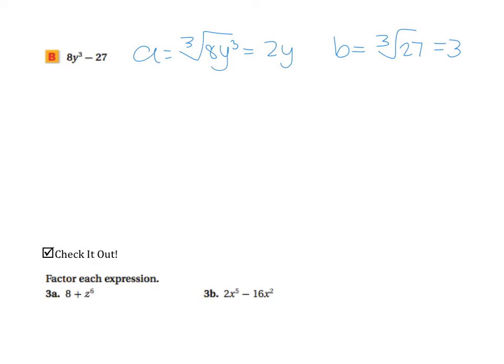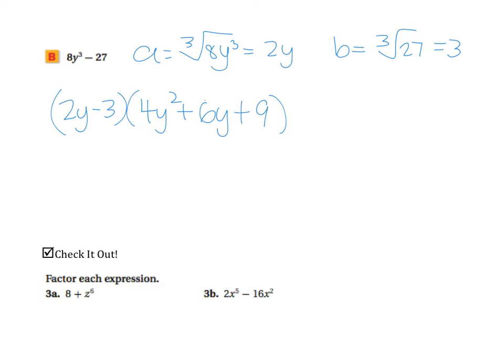So we have our A minus B, which is 2y minus 3. And then I look at that binomial and I square the first, change the sign, multiply the two together, plus square the last.